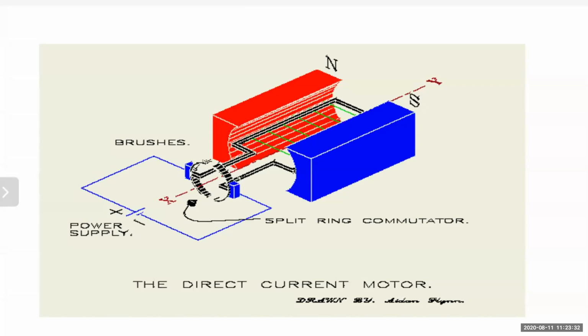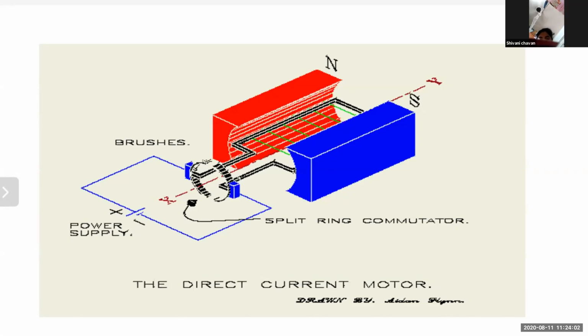First is the coil. Write down the first point, the coil, which is your copper coil. Write down: a large number of turns of insulated copper wire coiled on an iron core.